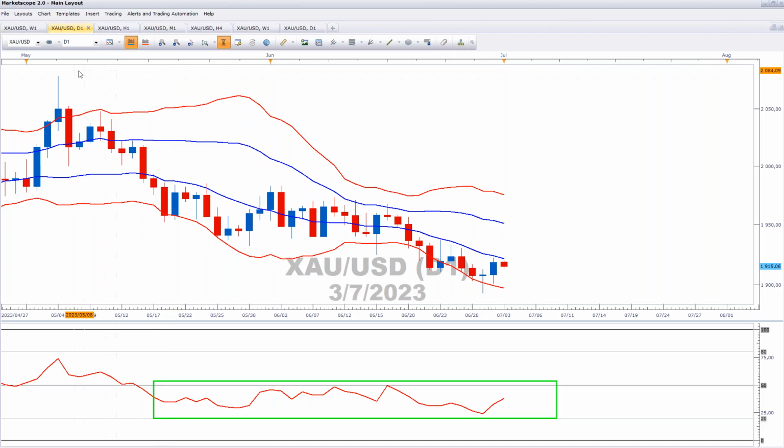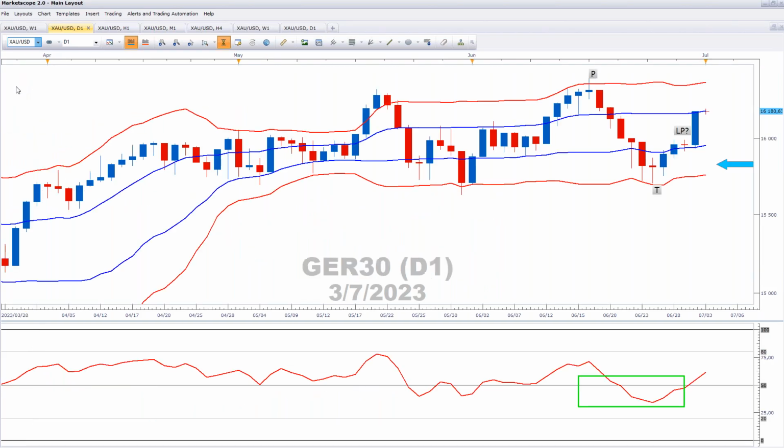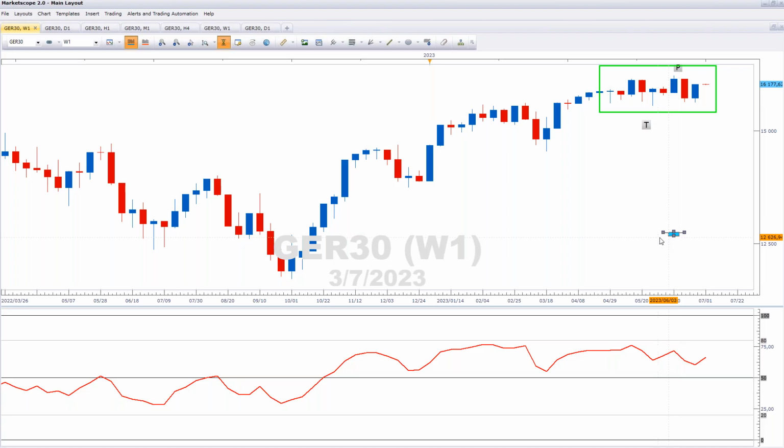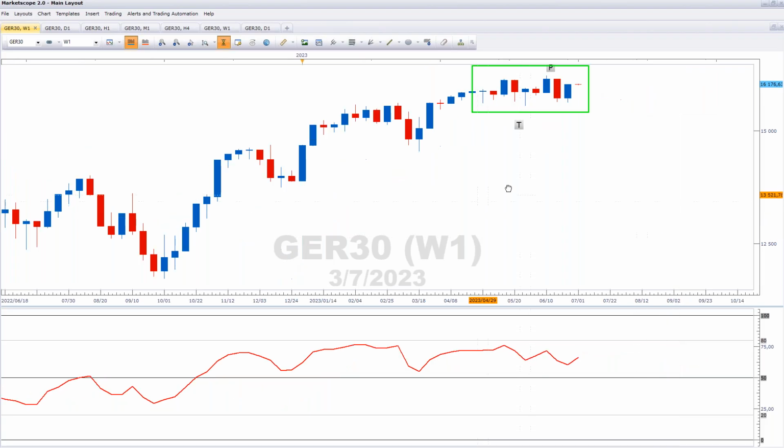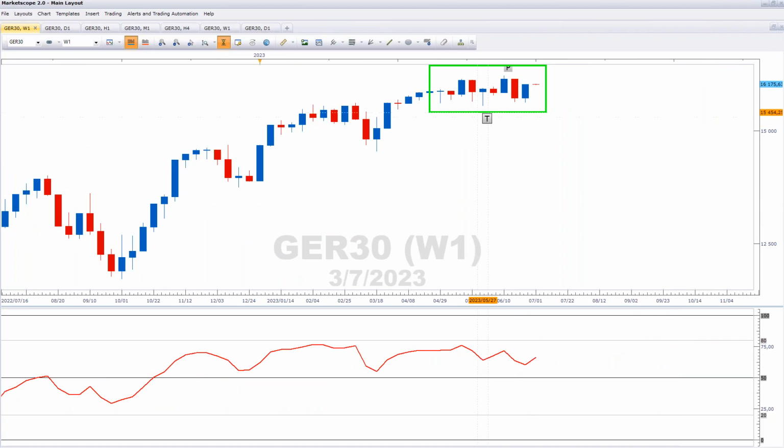Let's take a look at the DAX. Okay, so DAX is also interesting. It is moving generally sideways at the moment. I think that last week's candle is the reference candle.